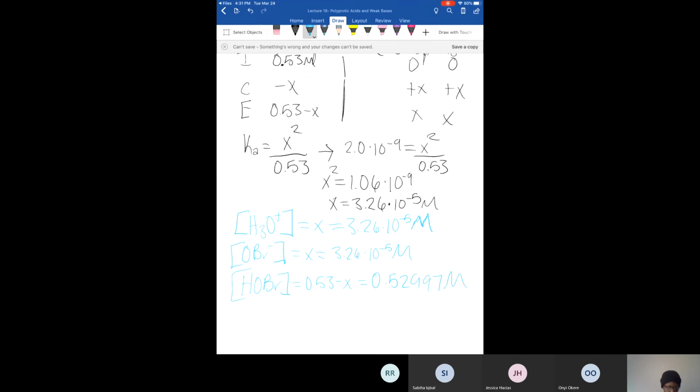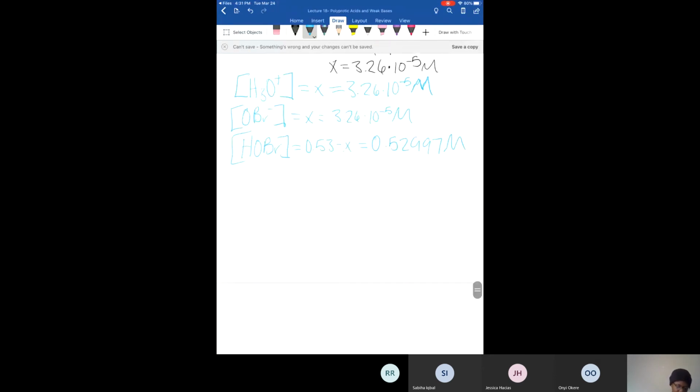Okay, so if I'm not mistaken, for percent dissociation you're going to use the H3O plus concentration over the original HOBr concentration.